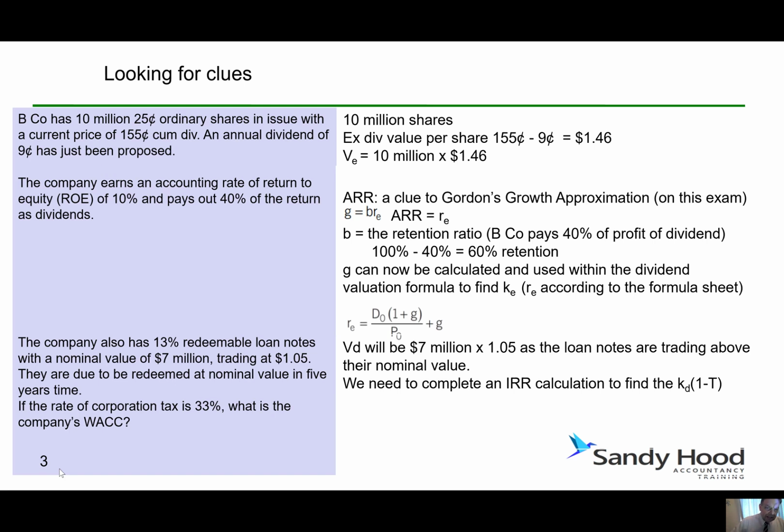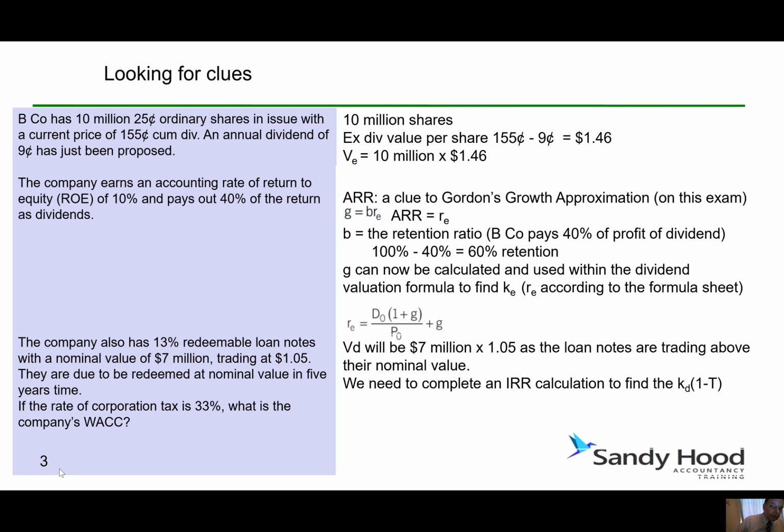So we know it's 10%. And also, we can work out quite quickly that the retention ratio, the other part of the Gordon growth approximation, the B value, is going to be 60%, because if we're paying out 40%, we are retaining 60% of our profit.